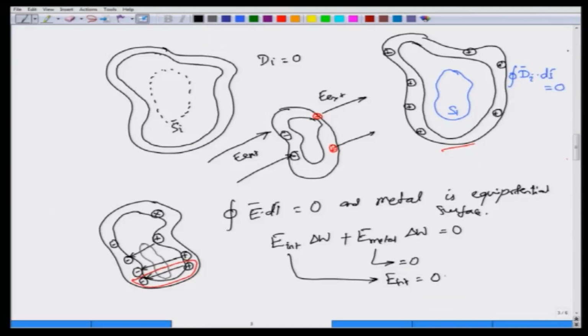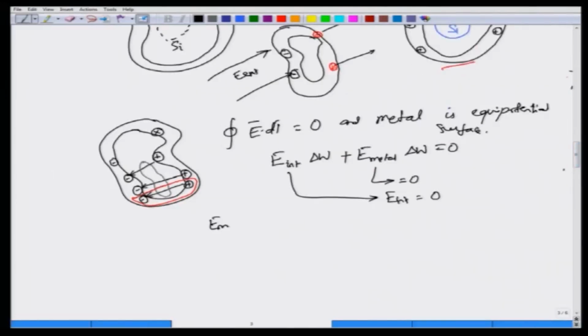Now, if you are not satisfied with this explanation, you can think of this in the other way. Suppose the internal field was not 0, but the metal field was definitely 0 because metal cannot have any electric field. Suppose this happened, and E metal was 0, but E internal was not 0. That means there is some potential difference between the two metal surfaces, but we have just said metal is an equipotential surface.